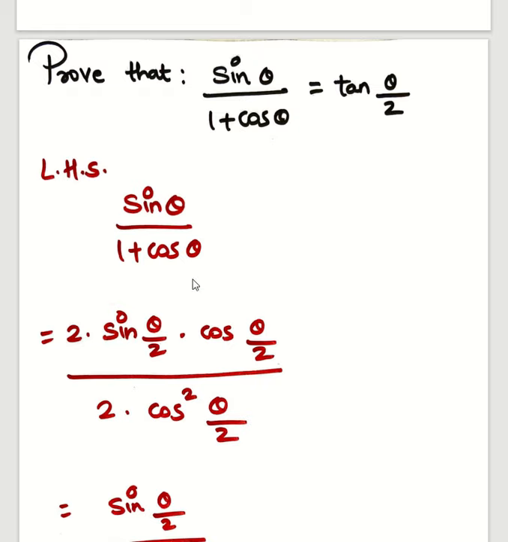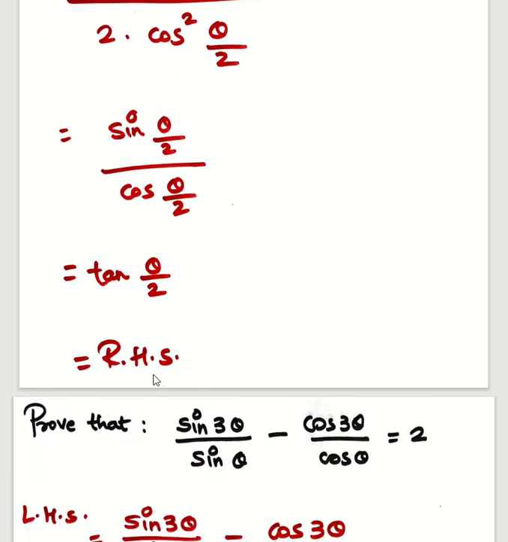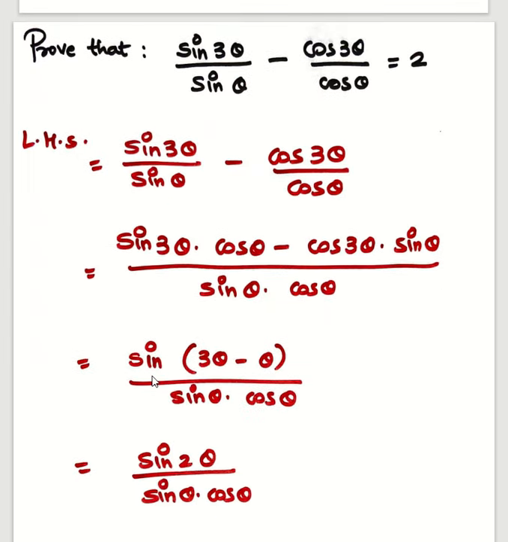This way. Now next question, again prove that sine of 3 theta upon sine theta, minus cos of 3 theta upon cos theta, equals 2. First of all, the left hand side, that is sine of 3 theta upon sine theta minus cos of 3 theta upon cos theta. We have 2 terms, but the denominators are different.